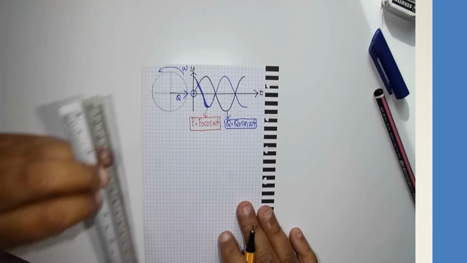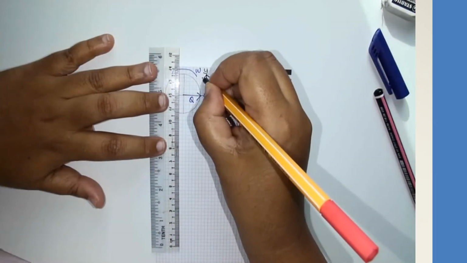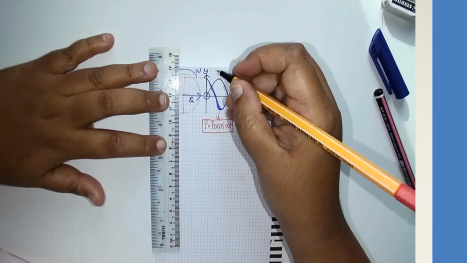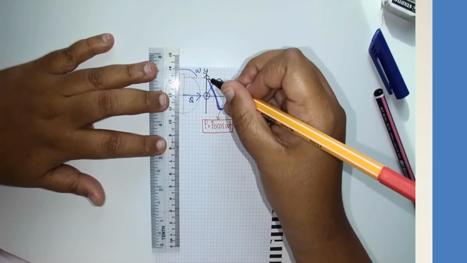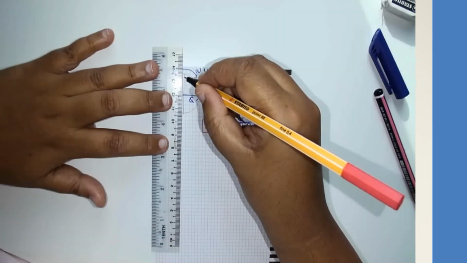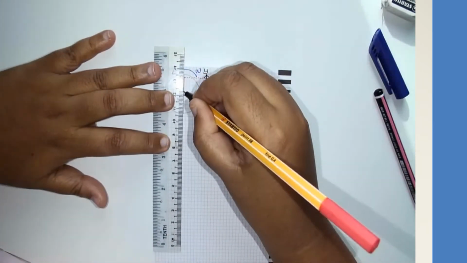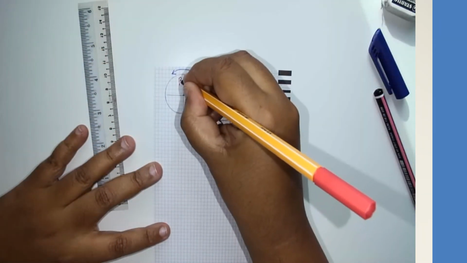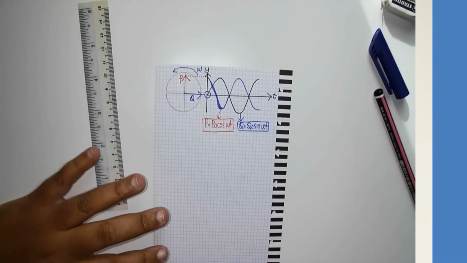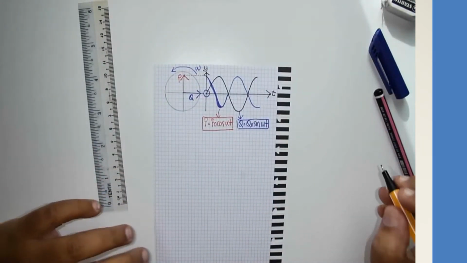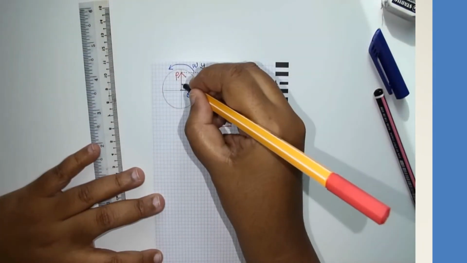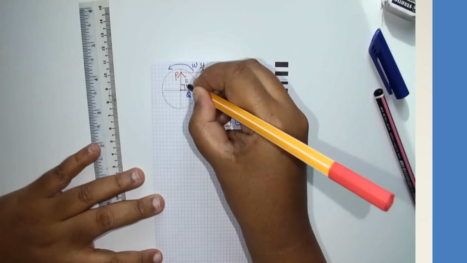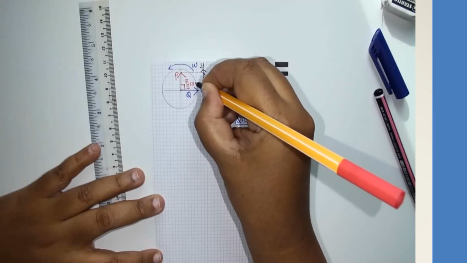Then if I draw it in the phasor diagram, take it in the initial position, because the type of waveform generated will depend on the initial position of the phasor. So it's like that. This will be P. That means we have Q and P, and we can say the difference between P and Q is pi over 2 radian.